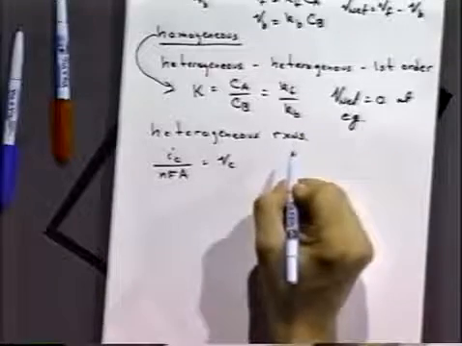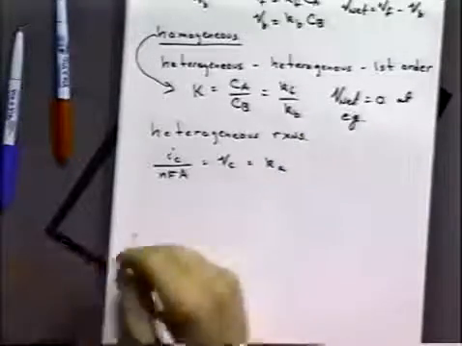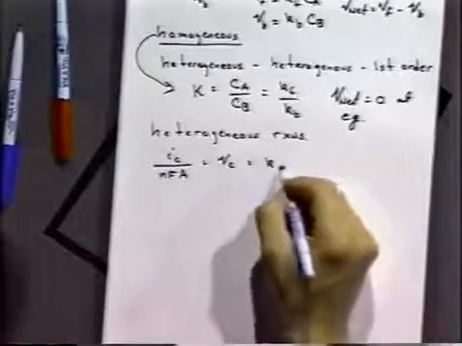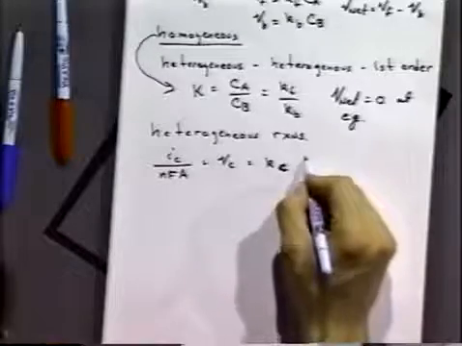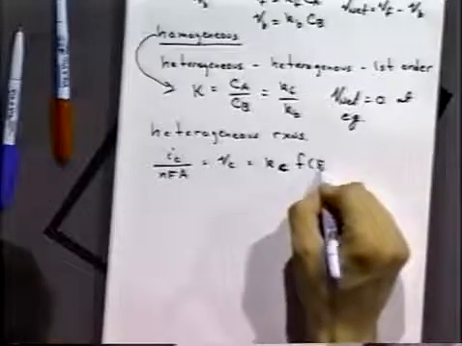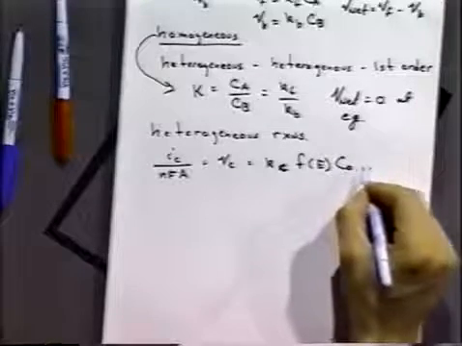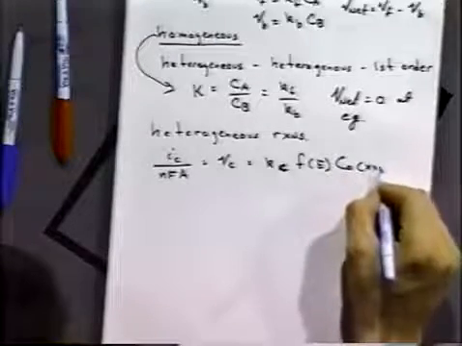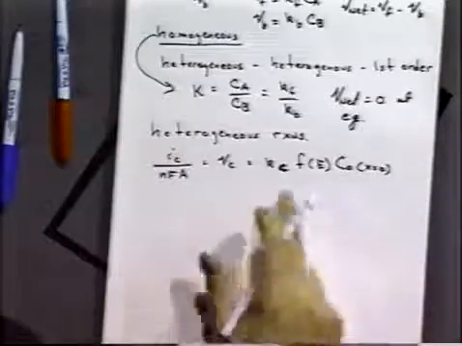And we can say that cathodic velocity is equal to a rate constant. Let's call it not Ka, let's call it K sub C, times some function of E, potential, times the concentration of species O at the electrode surface. Why do we have a function of E in there?